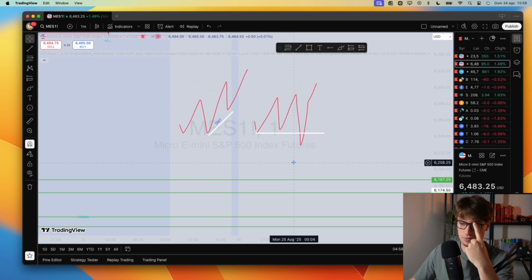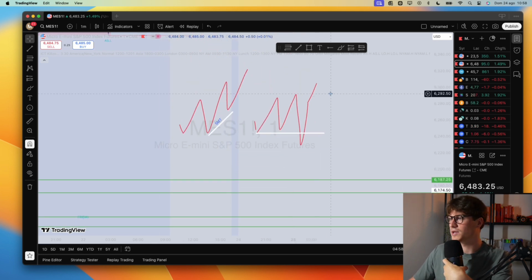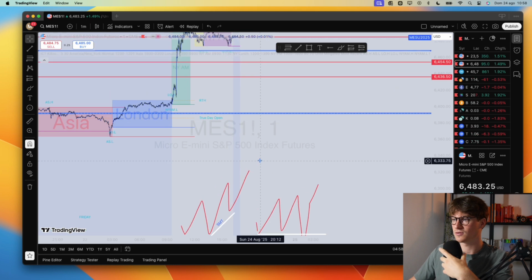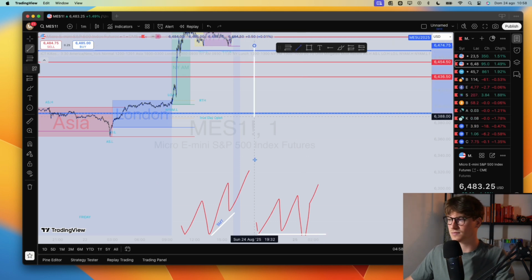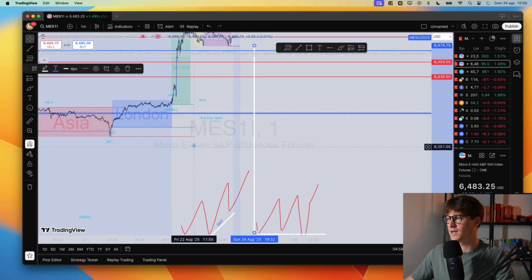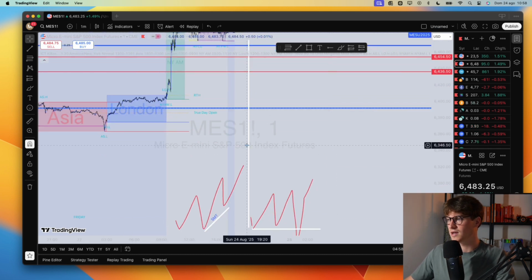Also, another bonus: especially on Tradovate, which I suggest you get, you can put two charts of NQ and ES side by side. Let's say here we have NQ and here we have ES.